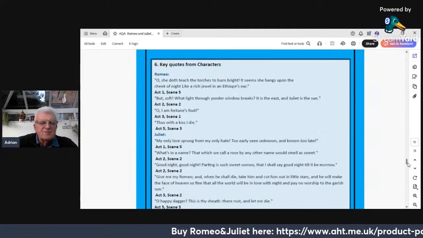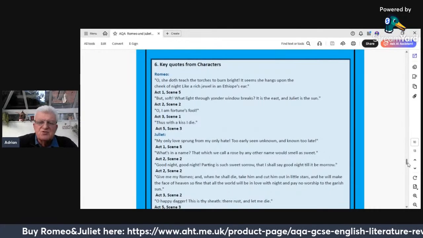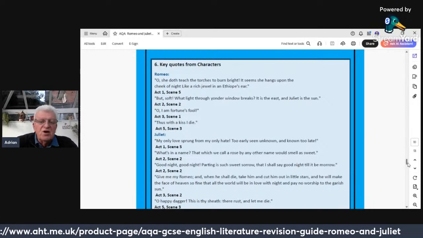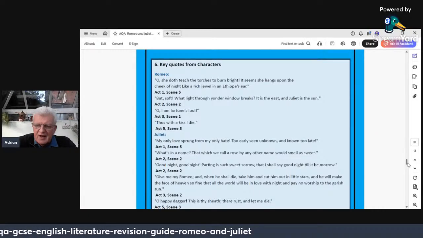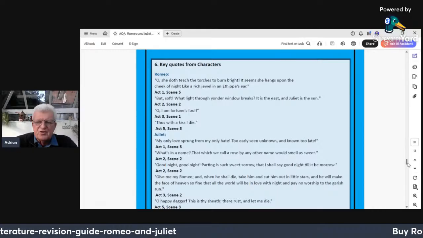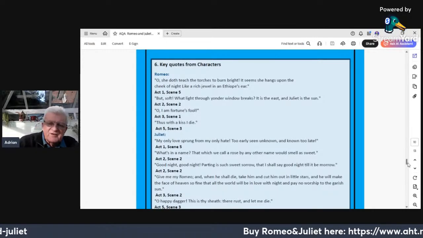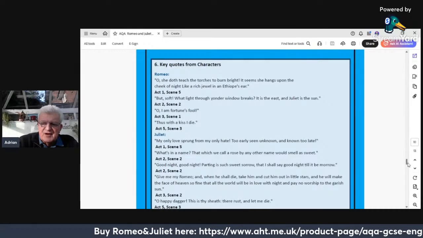Then I've done through the acts the key quotes from characters. Now, I know students always need to revise and learn quotes. I really feel sometimes that we should move forward and make sure that they don't have to learn them all off by heart, because I think understanding the play and how Shakespeare presents the play is more important than having a memory.